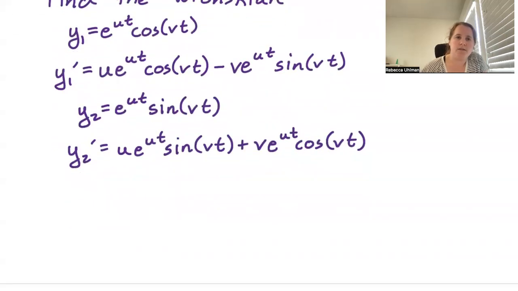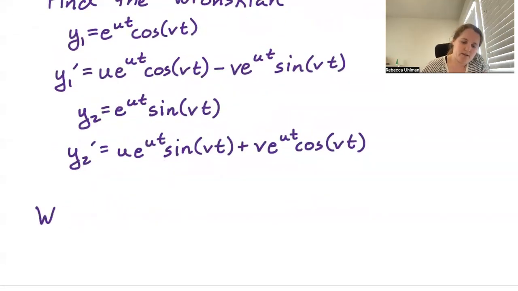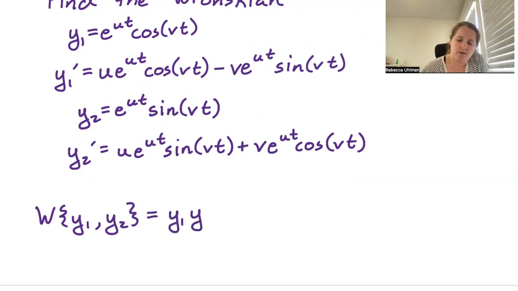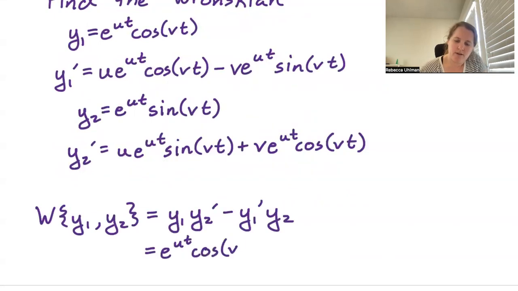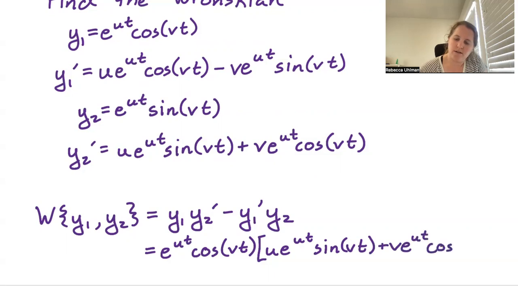So our Wronskian, we are looking at the Wronskian of y1 and y2. This is equal to y1 times y2 prime minus y1 prime times y2. So we are looking at e to the ut cosine of vt times u e to the ut sine of vt plus v e to the ut cosine of vt.